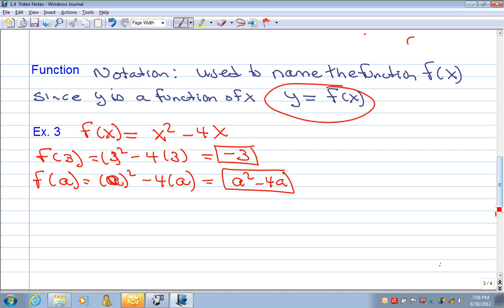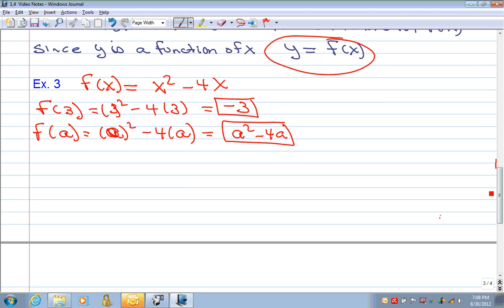All right, let's get a little more precalish. You're going to have f of x plus h. Now x plus h has to replace your x's. So we're going to have parentheses, x plus h, squared, and then minus 4 times x plus h. Remind me on Monday again to tell you the shortcut for binomial squares.